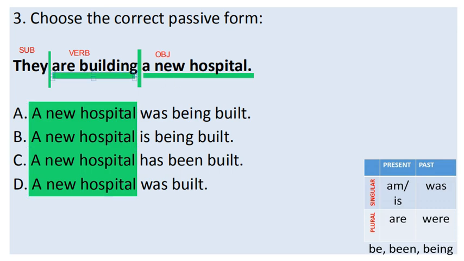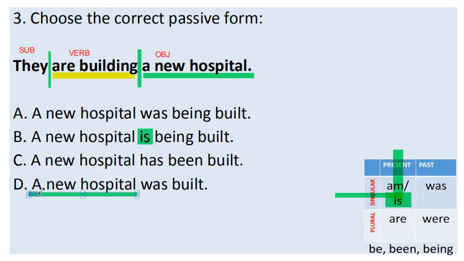Building is present continuous tense, so it is present. On the table, we check singular present. What do we have? We have is. If we stop here, we have already got our correct answer because it is only option B that contains is, which is the correct verb.